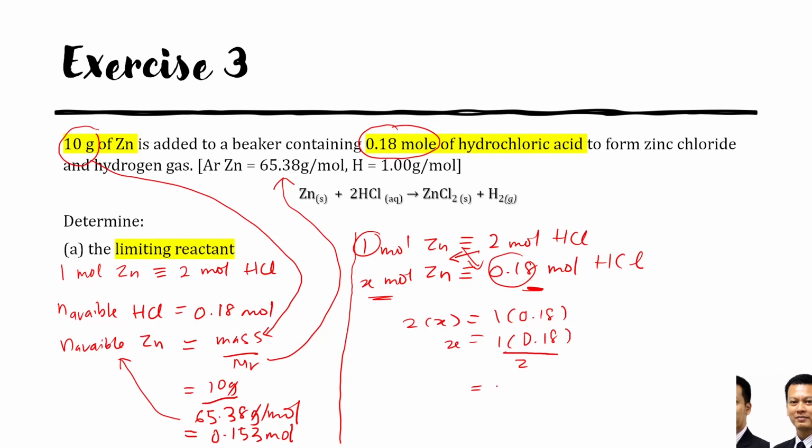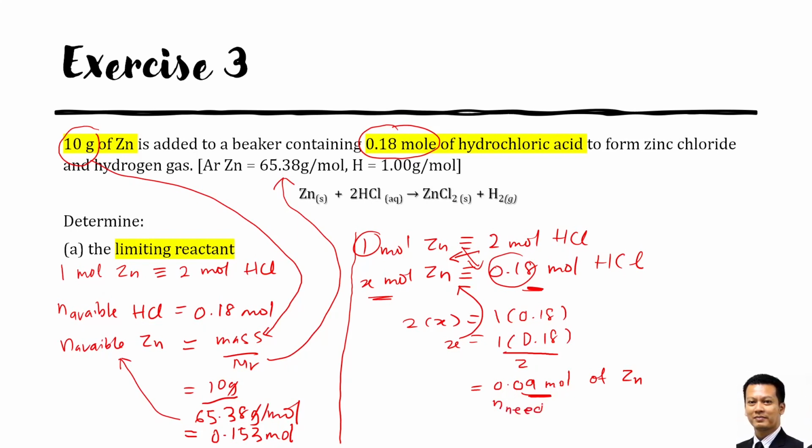So this one is actually 0.09 mole. Okay, so what are you calculating? You are calculating the number of mole of zinc. The value that you calculate here is n needed or n calculated.